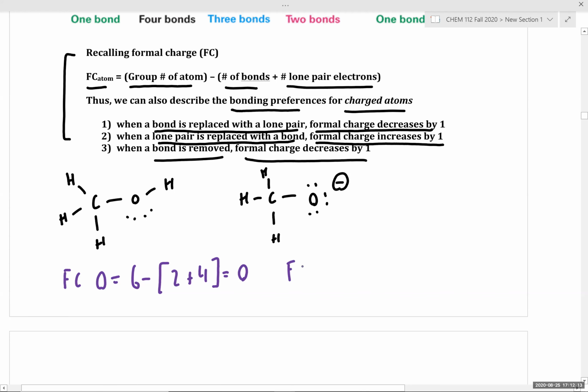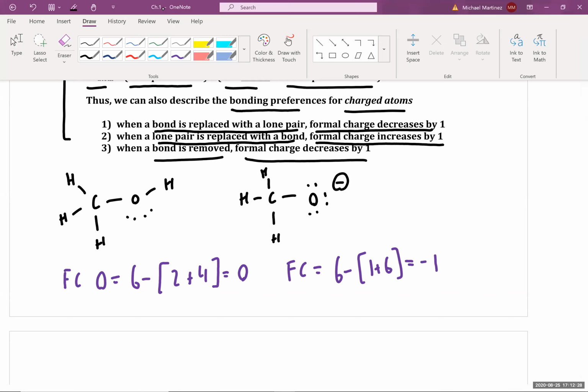If we look at the formal charge of our oxygen atom on the right, we see that our formal charge is 6 minus 1 plus 6: 1 bond, 6 lone pair electrons. That gives us a formal charge of -1.